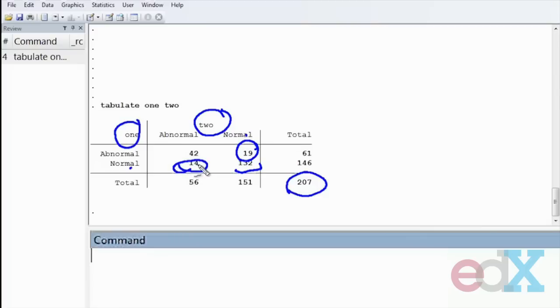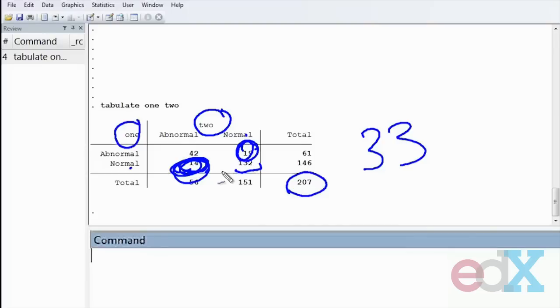Likewise for these 14 patients, who were classified as normal on the 1 microgram test and abnormal on the 250 microgram test. That leaves us with a grand total of 33 discordant pairs. Ideally, we would like these tests to agree. Ideally, we'd like to see 0 here, and 0 here as well, so the tests agree with each other. But that is not the case here.